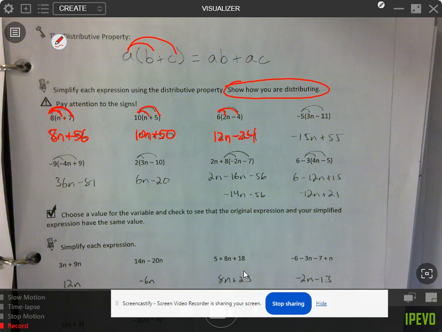And the last one on this row, -5 times 3n is a -15n. -5 times a -11 becomes a positive 55, because a negative times a negative is a positive.